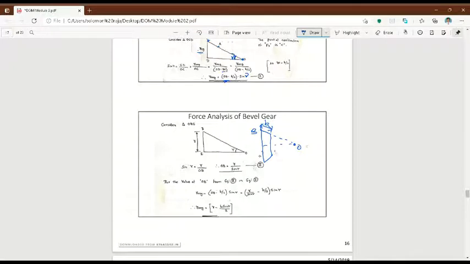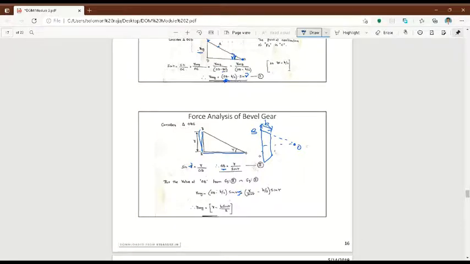That's why once again I am taking the whole triangle OBE. Sine gamma equals R by OB. So OB equals R by sine gamma. So instead of OB, I can put R by sine gamma. So R average equals R by sine gamma minus B by 2 into sine gamma.